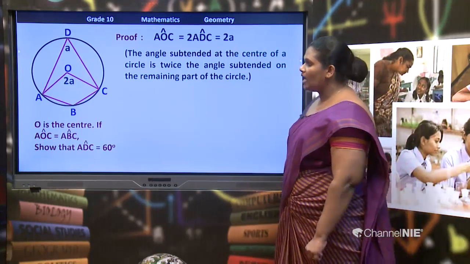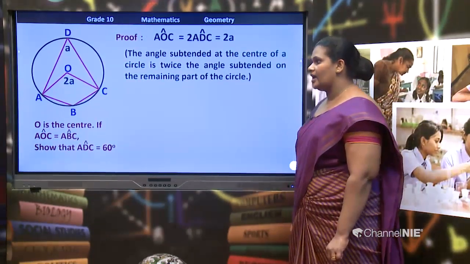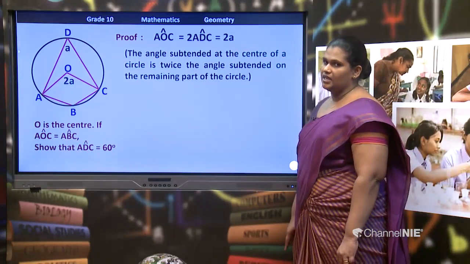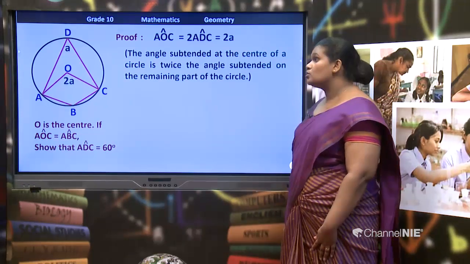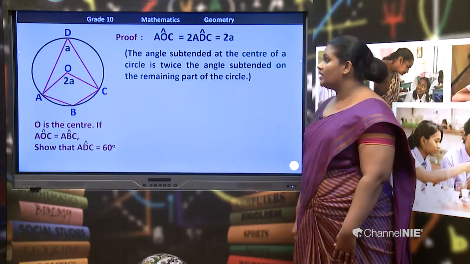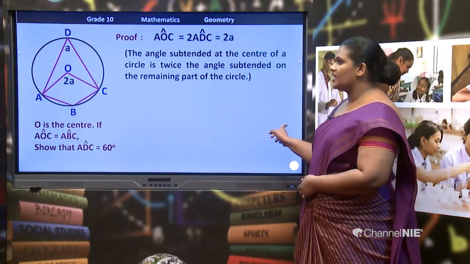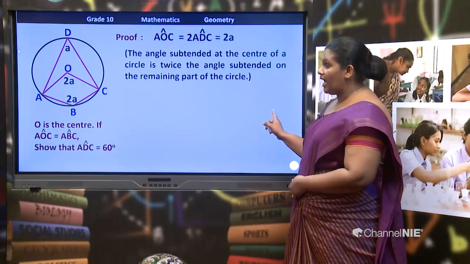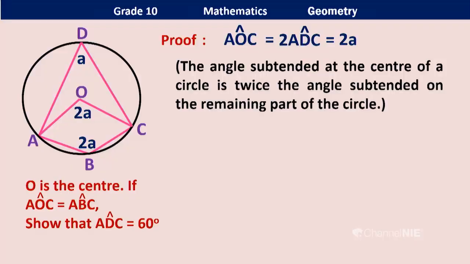Now, have a look at angle AOC and angle ABC. What can you say about those two angles? Yes, those two angles are also the same in magnitude. The reason is that it is given in our question. So, we can say angle AOC is 2A. Therefore, angle ABC is also equal to 2A.